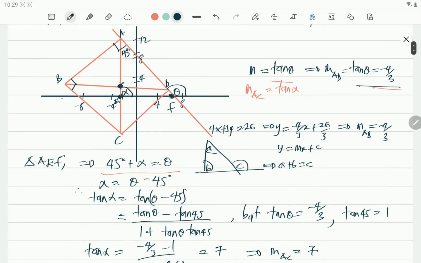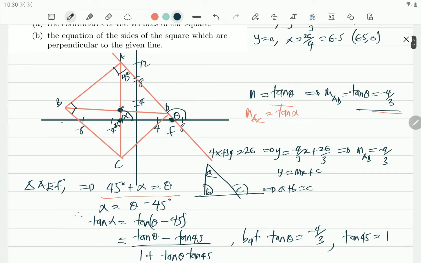And remember, we already have one equation from the AD, which was given in the question. So that is it here. So we are basically solving the equation AC and equation AD simultaneously.